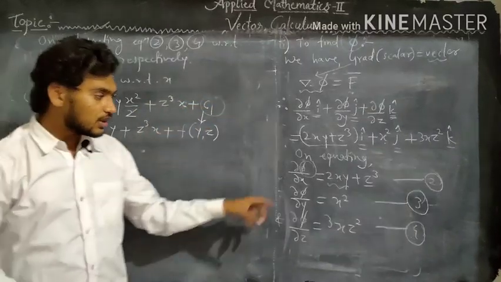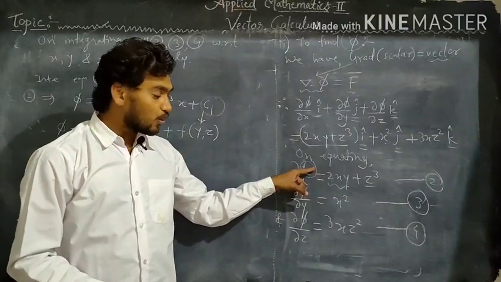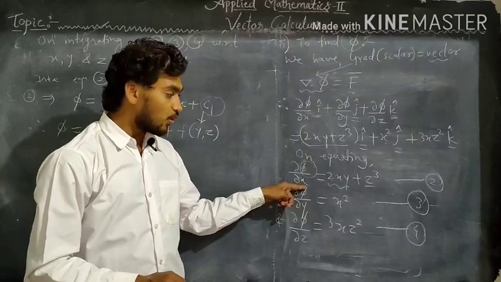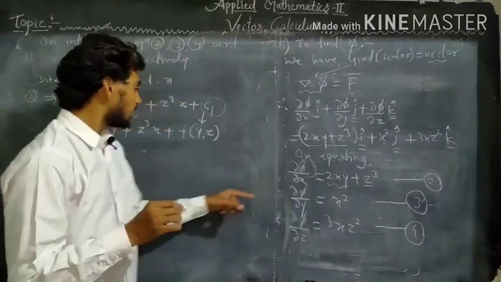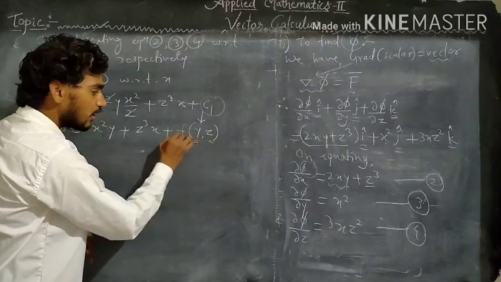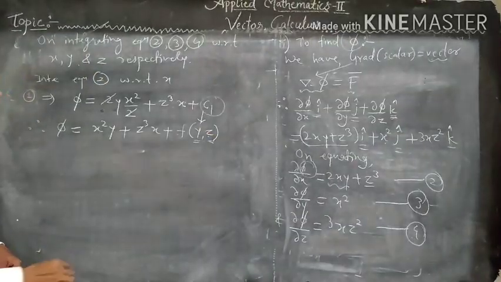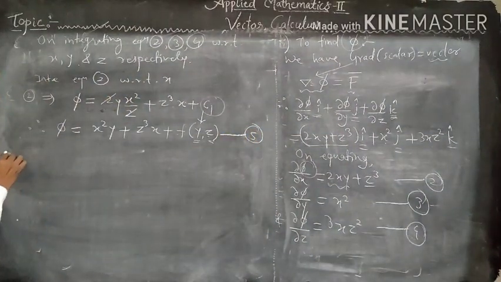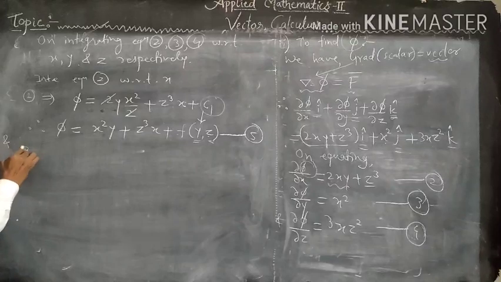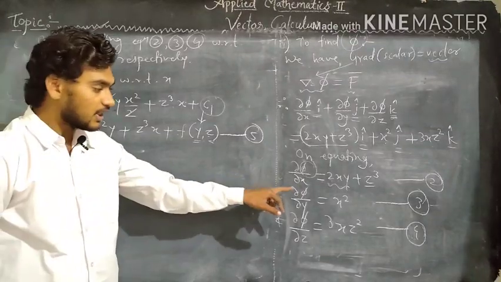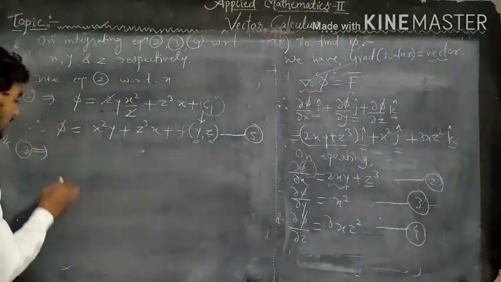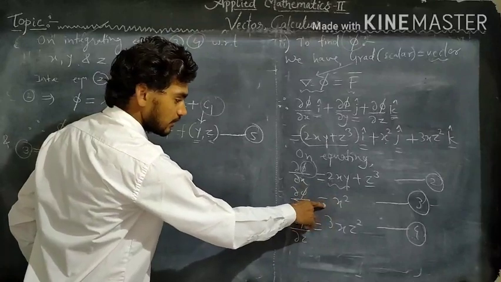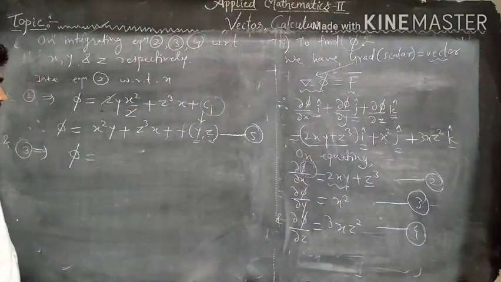Why? Because we have integrated equation 2 with respect to x, and with respect to x, y and z are constant. So we have taken f of y comma z as a constant c1. Say equation number 5 again, and 3 implies, now integrate 3 with respect to y. We will get phi equal to integration of x square.